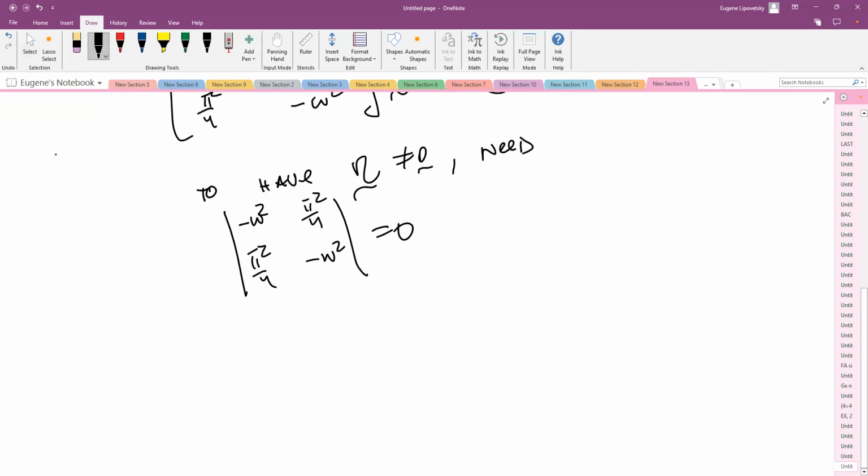Now we get the same equation. We have omega to the 4th minus pi squared over 16 equals 0. So omega equals either plus minus pi over 4 or plus minus I pi over 4.